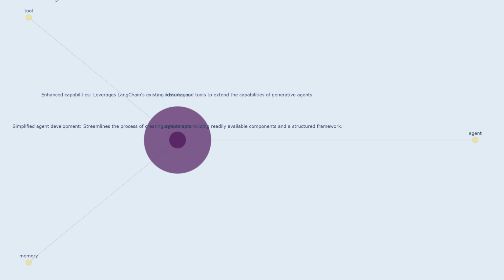Enhanced capabilities leverages LangChain's existing features and tools to extend the capabilities of generative agents. By building upon the foundation of LangChain, langchain_experimental benefits from its vast library of features and integrations.